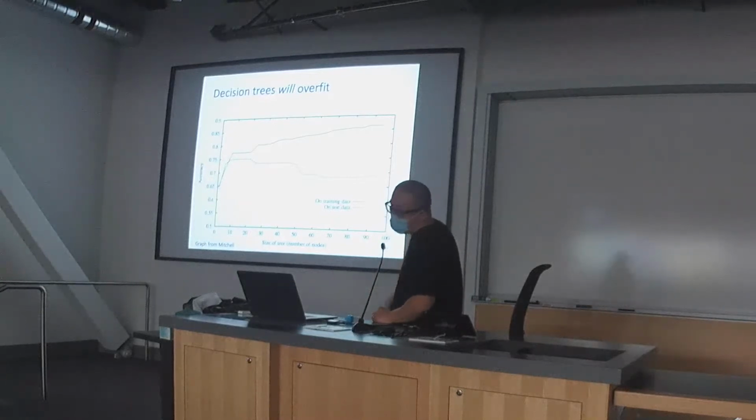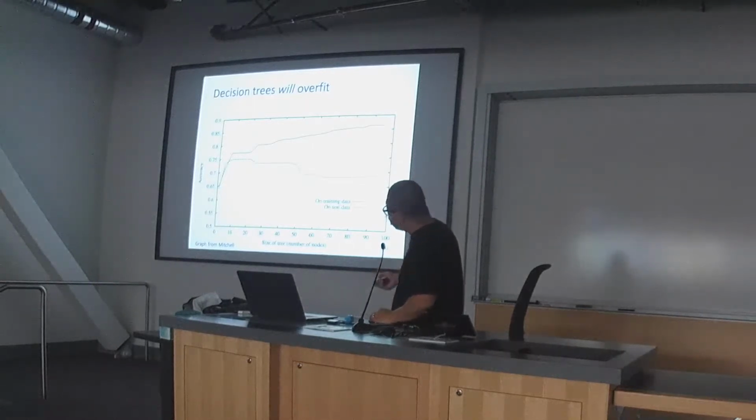And then we have two types of accuracies. The solid line indicates the training accuracy, meaning I use the current tree to predict examples on the training set, and this is the accuracy. The dashed line indicates test accuracy, meaning I have a separate test set, and at the current stage I use my learned tree to predict the examples on the test set, and this is the test accuracy.